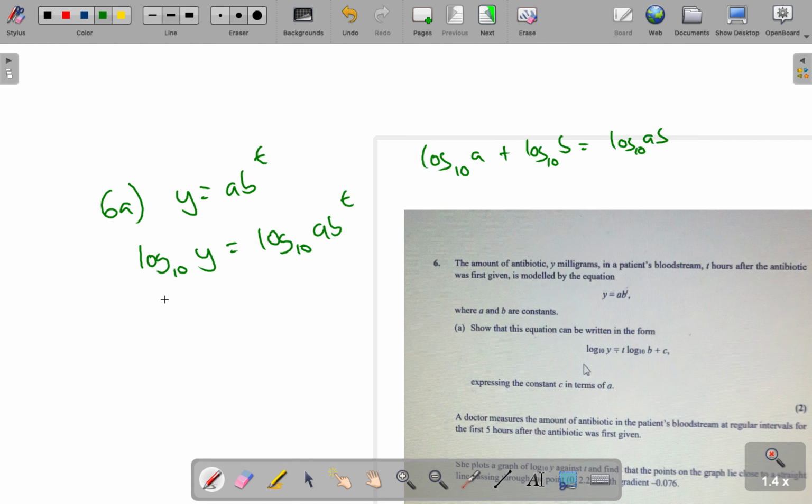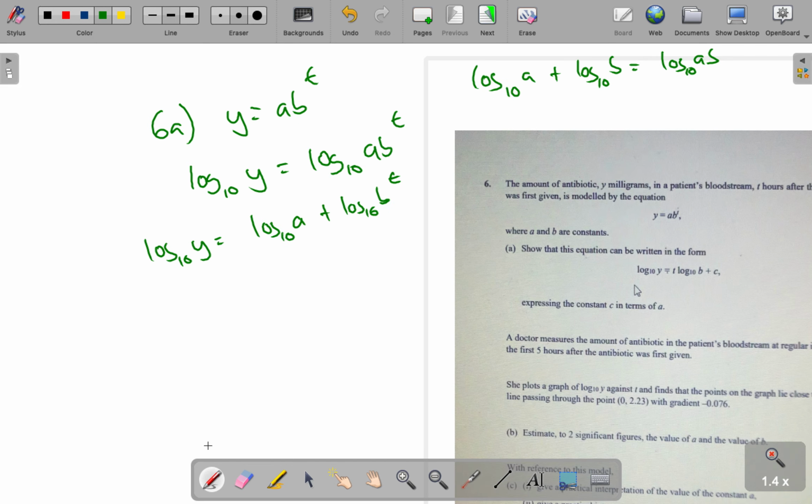Here we're going to split up the right-hand side. So we end up with log base 10 y is log base 10 a plus log base 10 b to the power of t. And then here we can do a little bit of rearranging. So log base 10 y is equal to log base 10 a plus t log base 10 b.